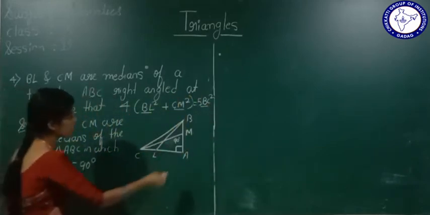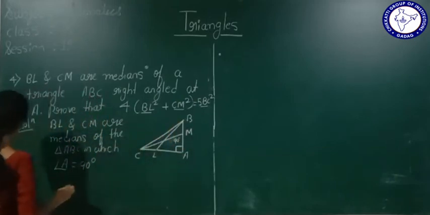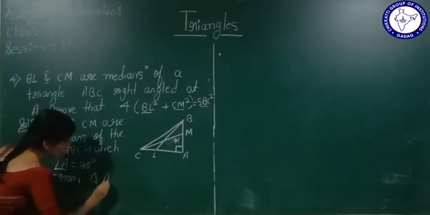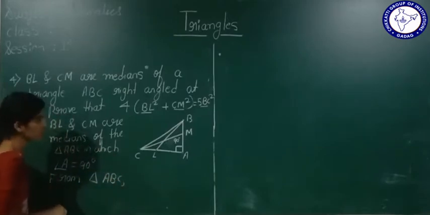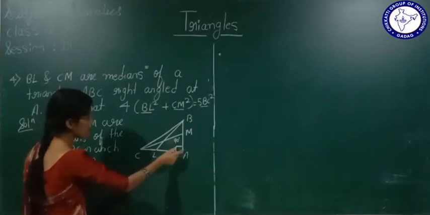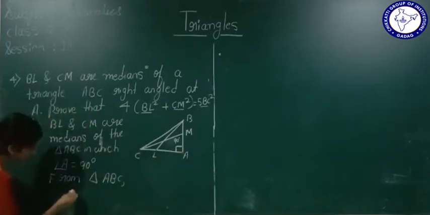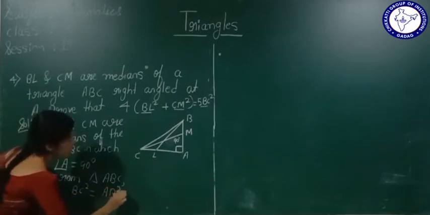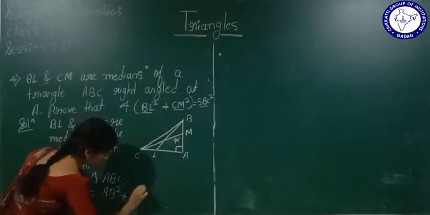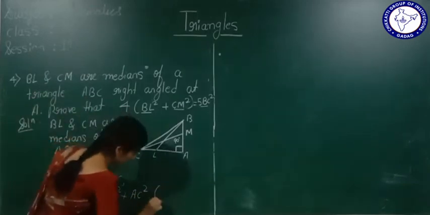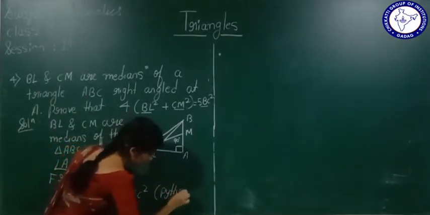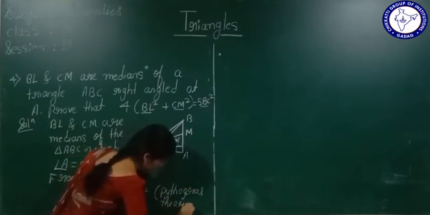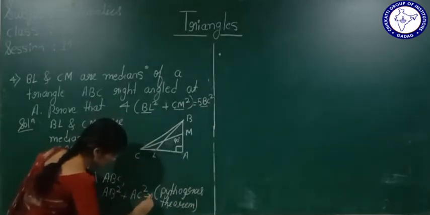Now from triangle ABC, what can we write? Here angle A is 90 degrees, so BC square is equal to AB square plus AC square. This is by Pythagoras theorem. Call this equation number 1.